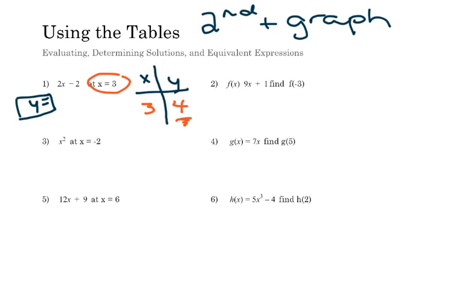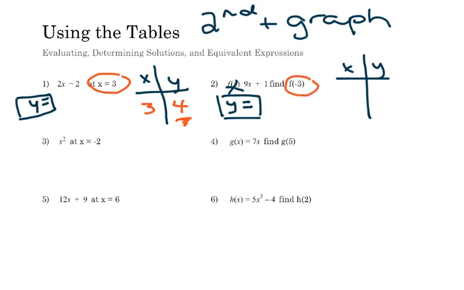Same thing over here, even if it gives you f of x, g of x, or h of x. F of x is just another way of saying y equals. Right. Type in 9x plus 1. Still going into your table. And I'm going to want to know what's next to negative 3 this time.